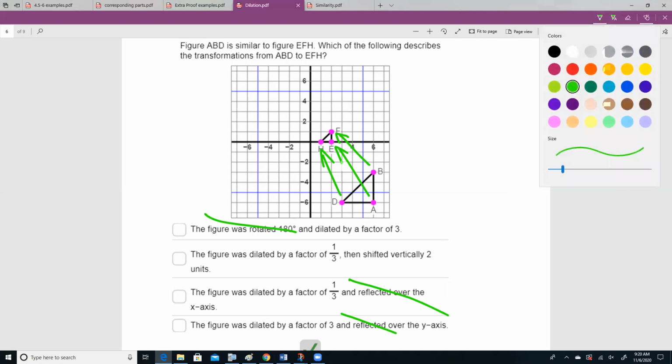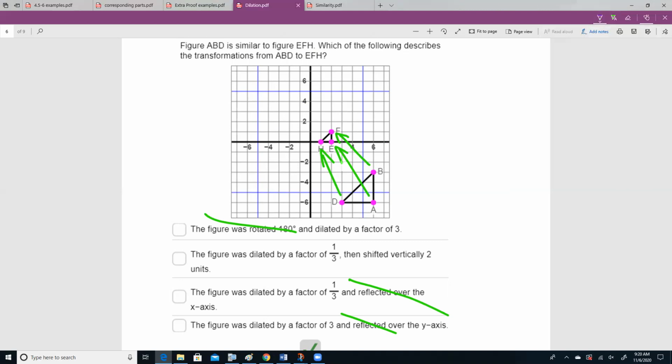Let's go ahead and do an example of how we would double check ourselves. It says the figure was dilated by a factor of 1/3. So that means we would take our x, y, multiply it by 1/3, and then shift it vertically 2. Let's pick a point. Point B seems fine.